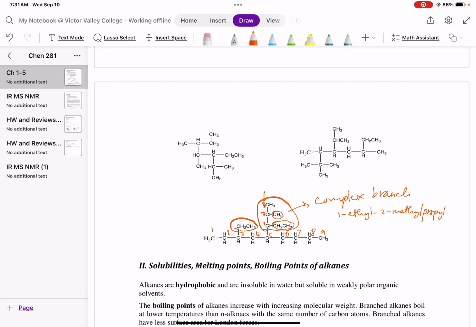So that's just the name of that branch. So we got a 5, we put a 5 dash, because that's a 5 right there, and that's a 3.